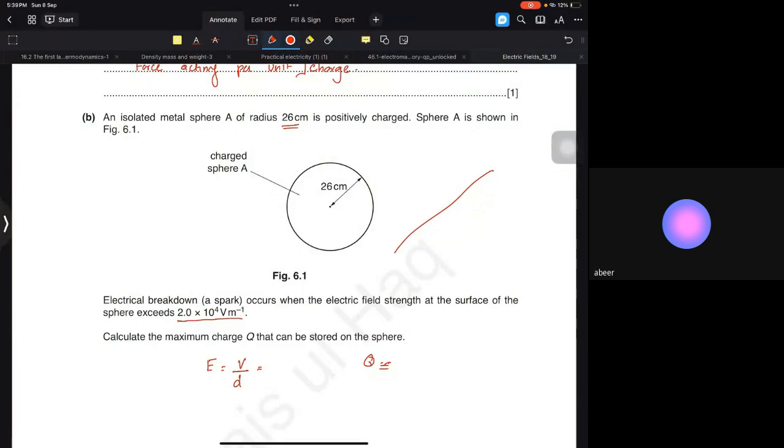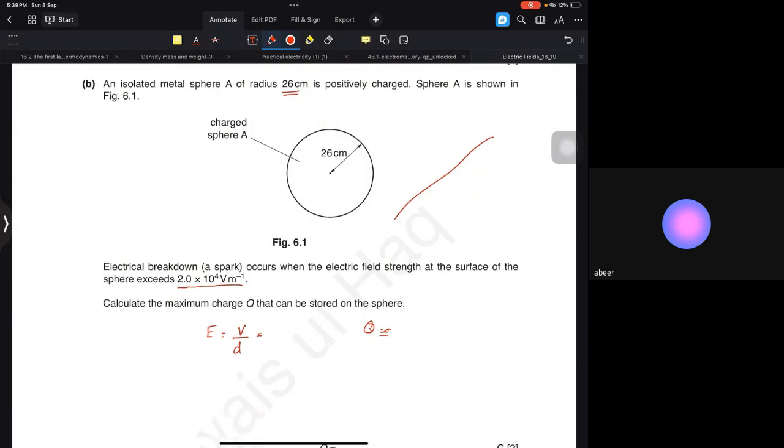Okay, so I was basically talking about this question. So we can use E equal to V over D, but then we don't have voltage.